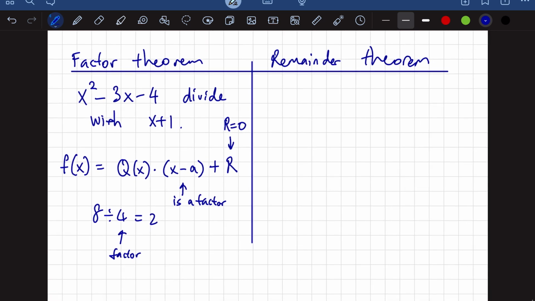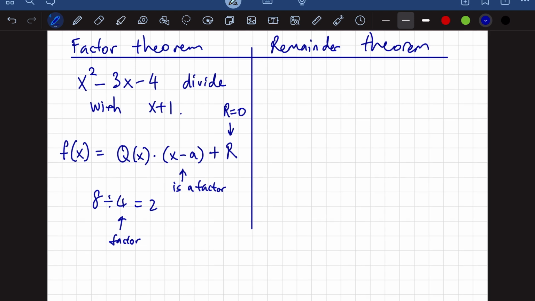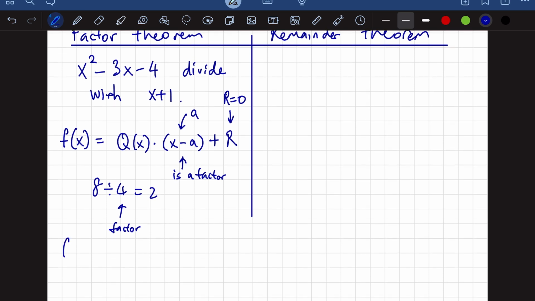And how do you find r then? It's very simple. You sub a value that will make this divisor 0. In this case, I'm going to sub a in for x. So in essence, what's going to happen is you're going to have f(a) equals q(a) times 0 plus r.